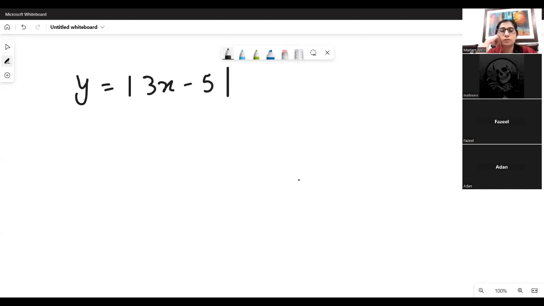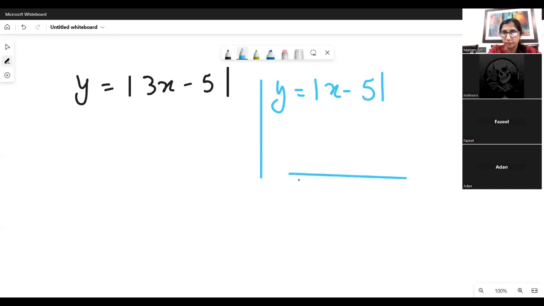Where will the turning point of that graph be? Let's draw y equals modulus x minus 5 again. What is the turning point of this graph? It's 5, 0.